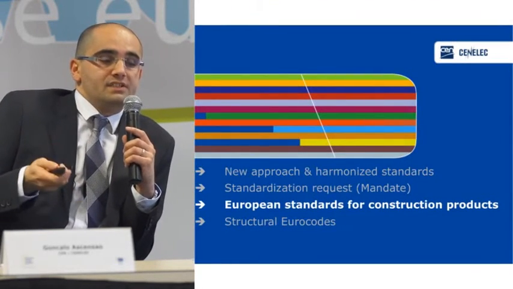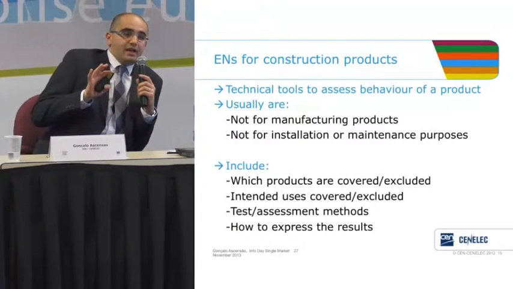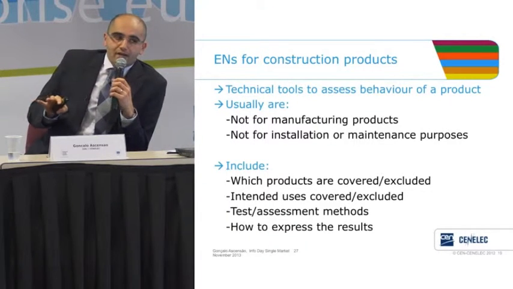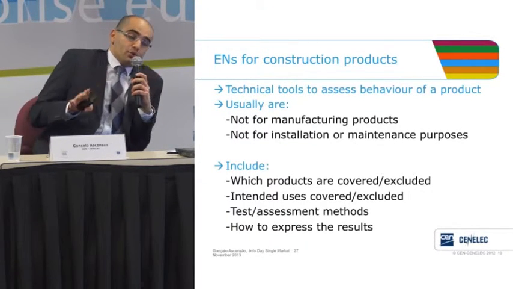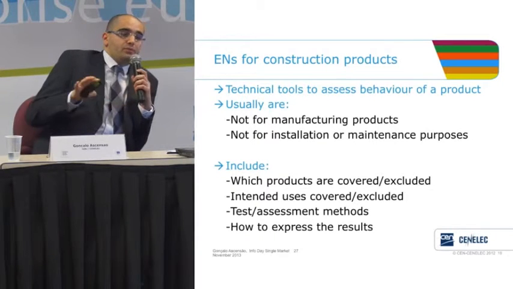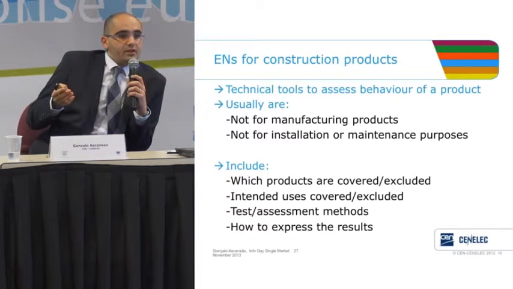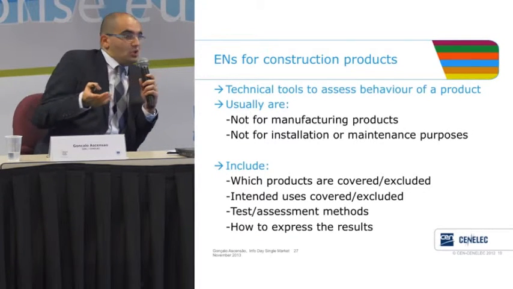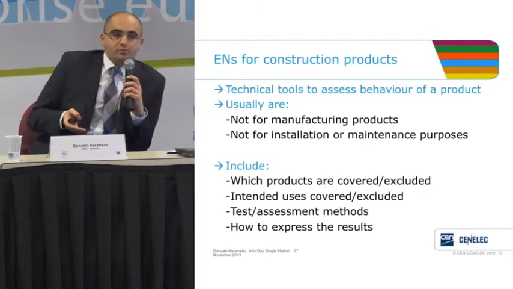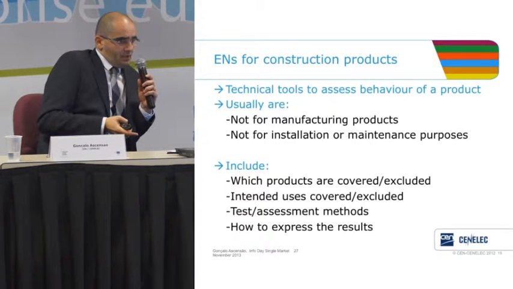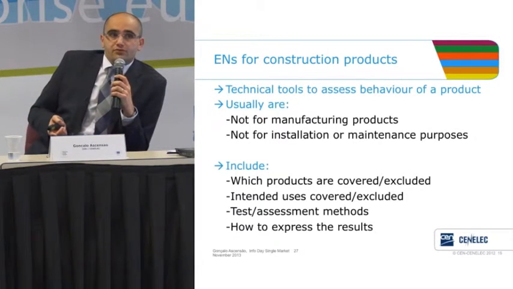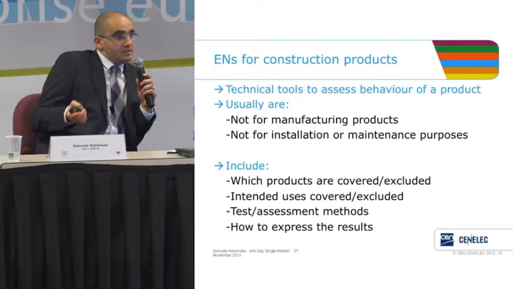Now, the standards. We have to keep in mind the following. Usually, a European standard for a construction product provides technical tools to assess the behavior of the product. Usually, they don't include provisions for manufacturing. They do not include provisions for installation or maintenance.